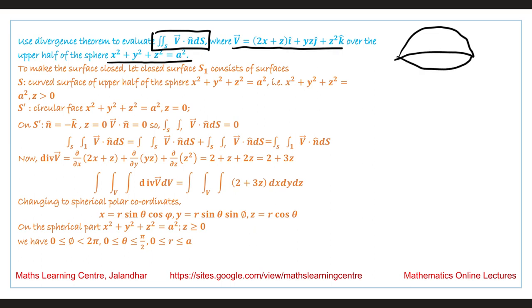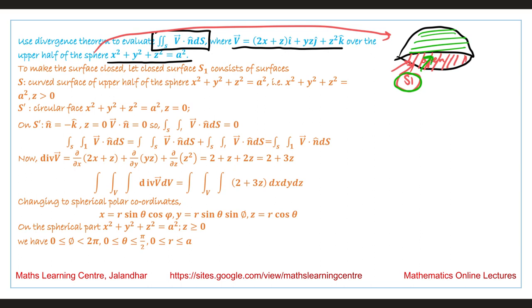Now this surface is open from this side. So to close this surface, we have added a surface S1 to this given surface. Because this is an open surface, we have added the surface S1 to it to make it closed.